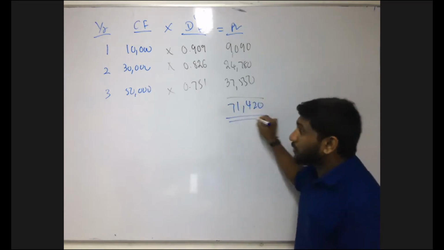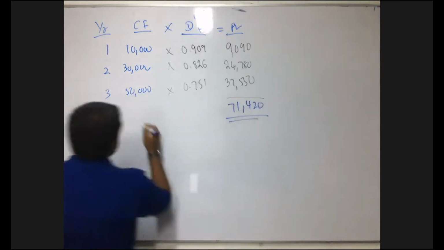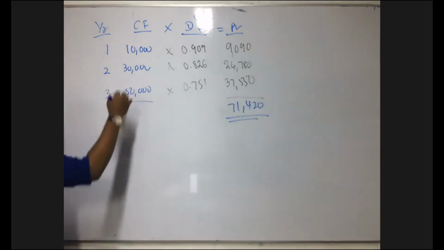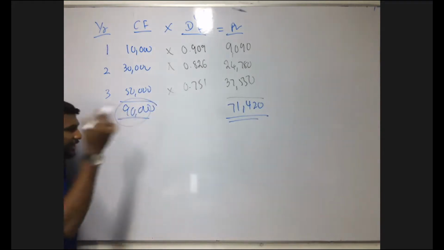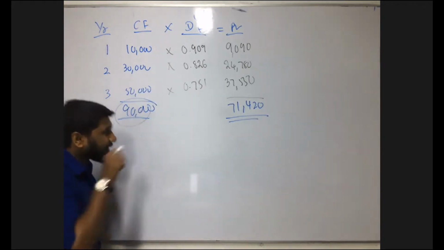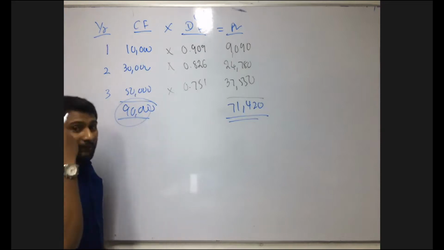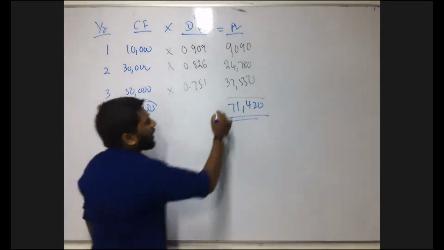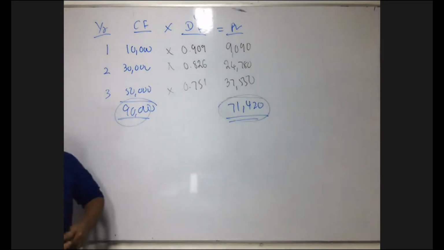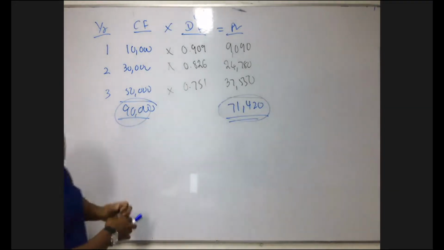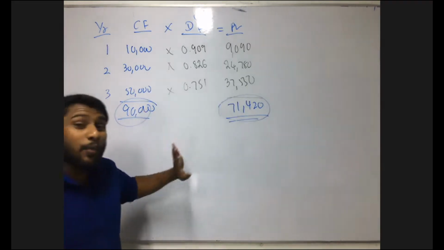This is the total present value, guys. Yes, true, you are getting 90,000 by cash. But in today's term, the worth of the cash that you are getting is only 71,420. This is how you can use the present value table to get the answers very quickly.